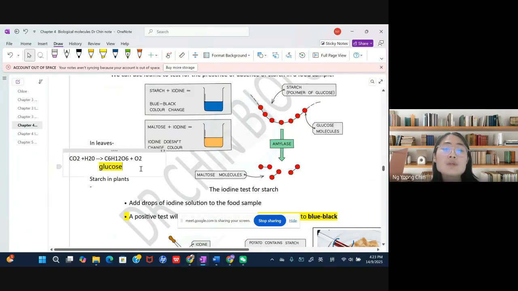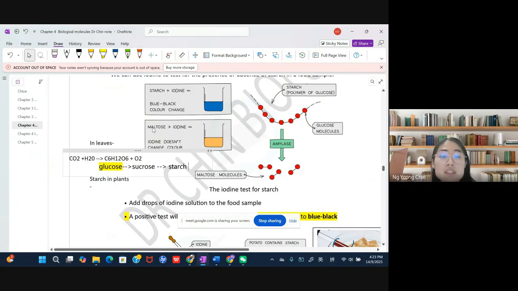So after the plant produces glucose, they will convert this glucose into other kinds of compounds. That means they can use the glucose for respiration, or they can convert the glucose into sucrose, or they can become starch. Okay, understand? It means they can convert this glucose into another form of nutrient molecule, and then they store it inside the plants.